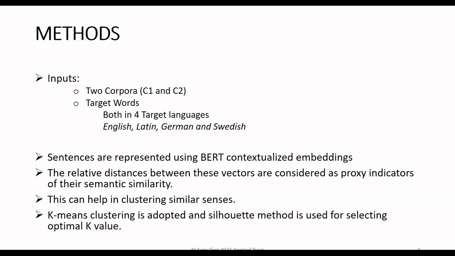And as it was an unsupervised task, we used clustering of the contextualized embeddings of the target words, which we obtained from corpus 1 and 2. And we consider the clusters to represent an abstract notion of the sense or the semantics of the words, because BERT is meant to capture some semantics of the word. We applied a simple k-means clustering approach, and for the optimal k value, we used the Silhouette method.